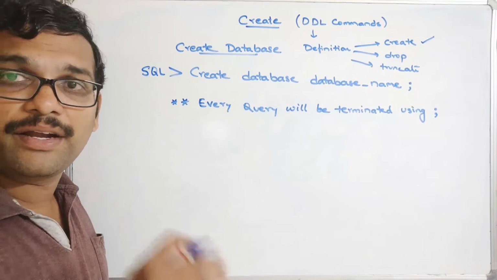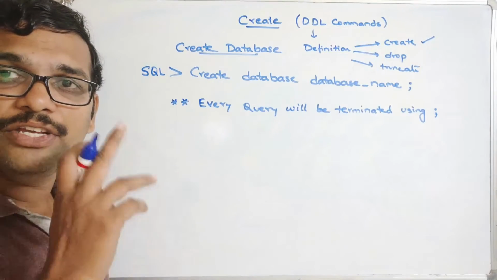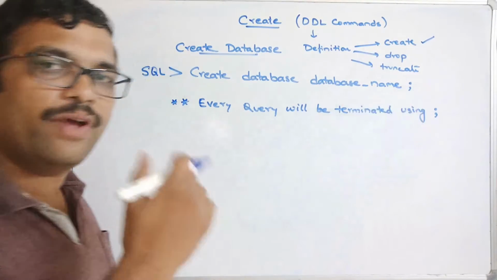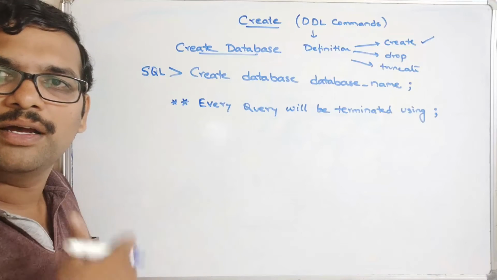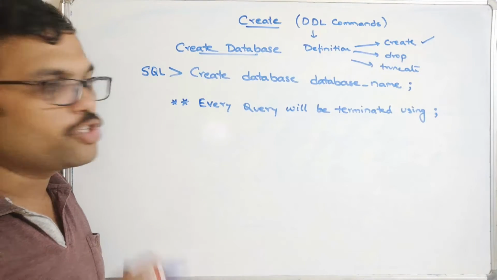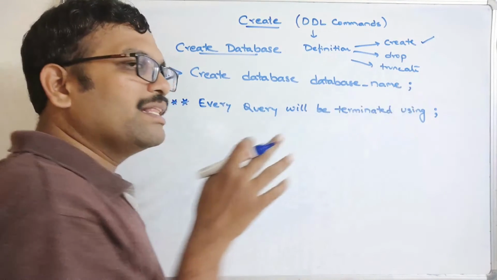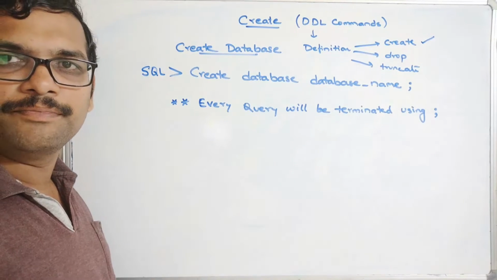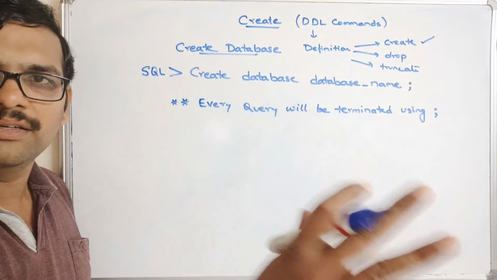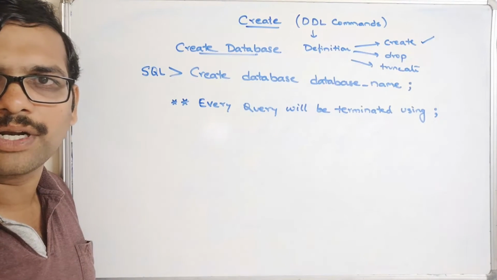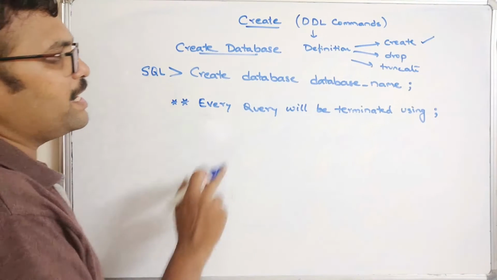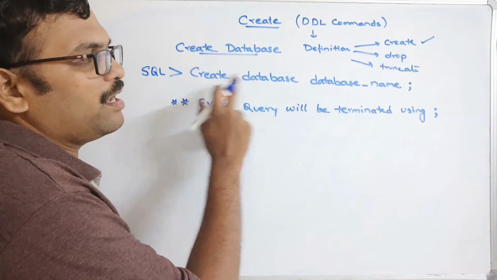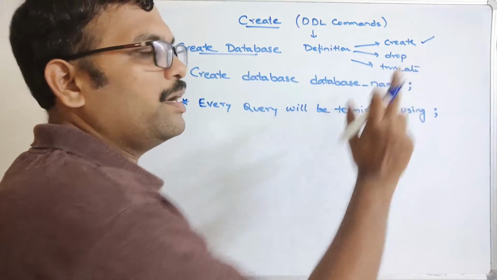So the query can be written in multiple lines and is not restricted to a single line. Unless the user gives the semicolon, the query will keep going with new lines. Once you give the semicolon, that shows the end of the query, and then the query will be executed. I will show everything in the MySQL command line. So the syntax for creating the database is create database, the database name, and a semicolon.